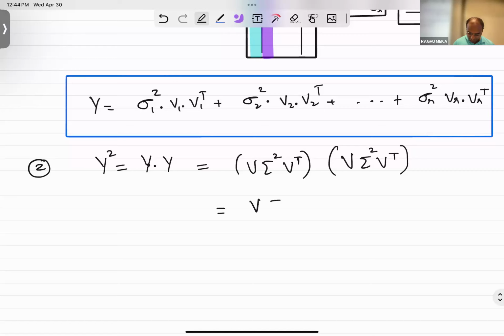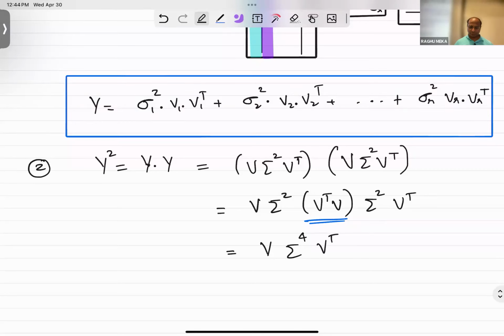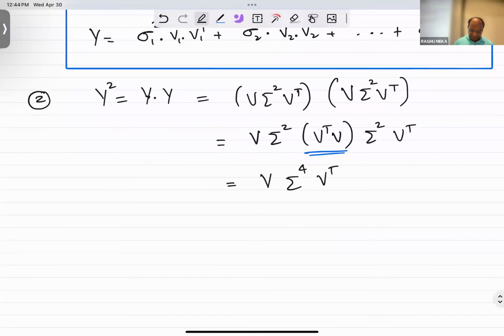I can regroup these things, and v transpose v is identity again, so that's going to disappear. By the same sort of expression, I get y squared is sigma 1 to the 4 times v1 v1 transpose, sigma 2 to the 4 times v2 v2 transpose, plus so on.